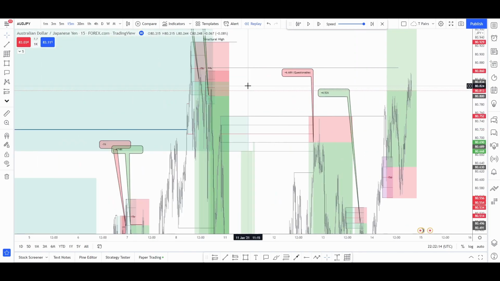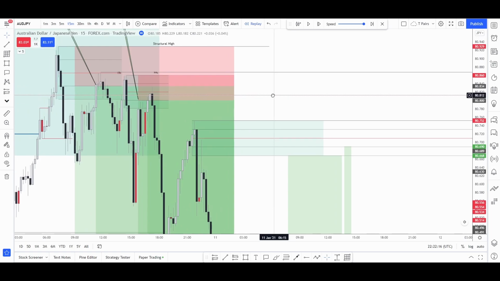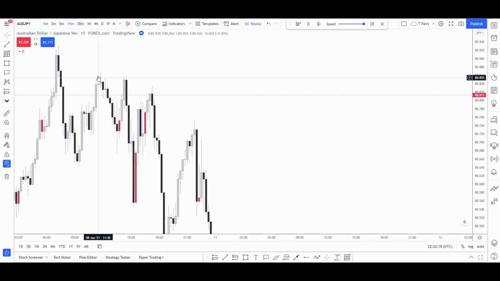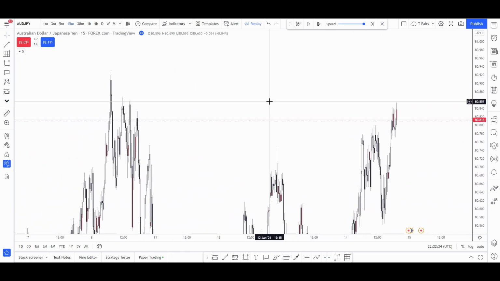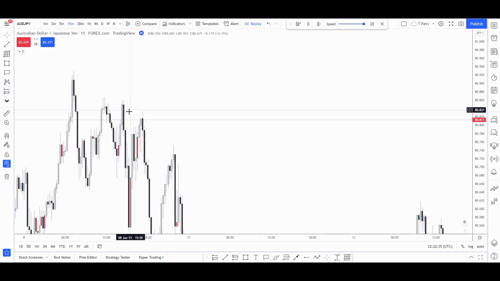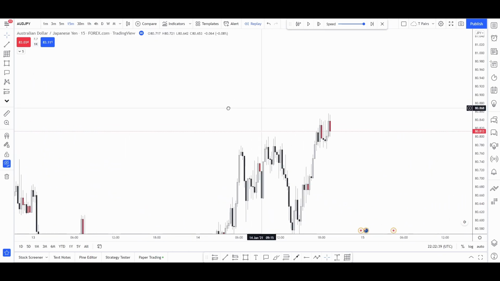Right, so across here, let's clear up the charts a little bit. Mitigated, mitigated. We've reached there. I'm aware there's probably liquidity, but there is also severe downside pressure, so maybe we're not going to break the highs.